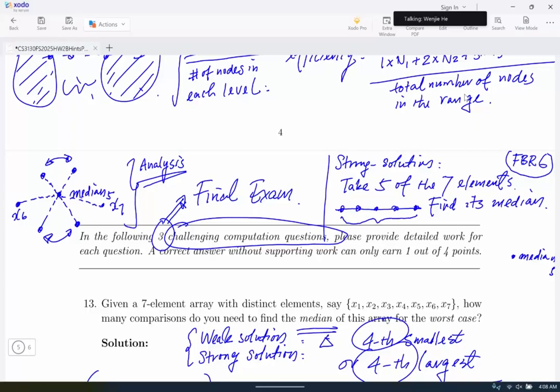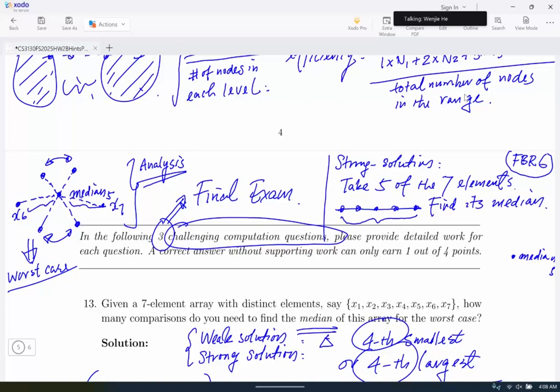But you need to consider the worst case when you do the comparison. You need to target the worst case, not the best case, to get the strong solution.